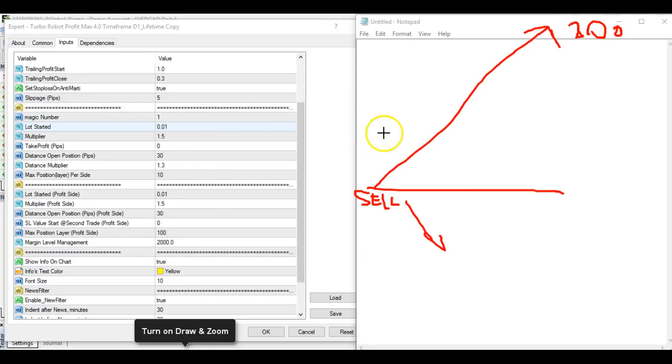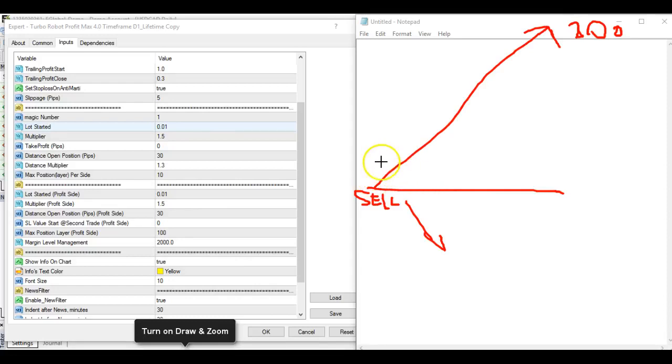So 200 pips means you have to calculate how many levels, because of your distance here, your position, so 30, 60, something like that. What it means by distance is your per side multiplier here.